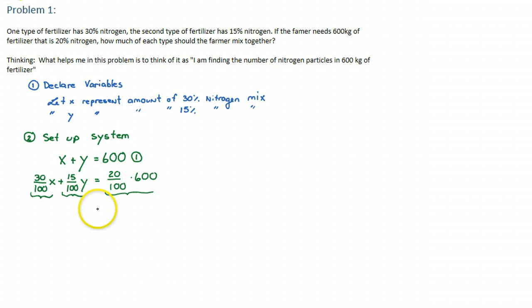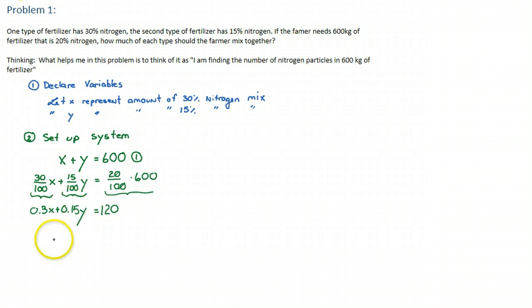So of course I can then simplify this, we'll cancel that out. So 2 times 600 is going to give me 1200, so I end up with 1200 divided by 10, which is going to be 120. So just a little math there. And I could then say 0.3x if I wanted, plus 0.15y.